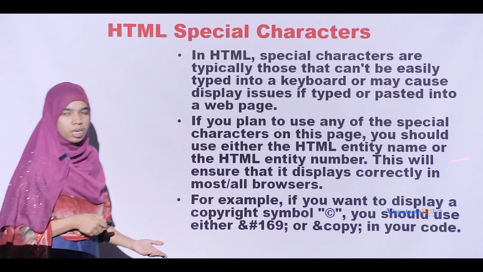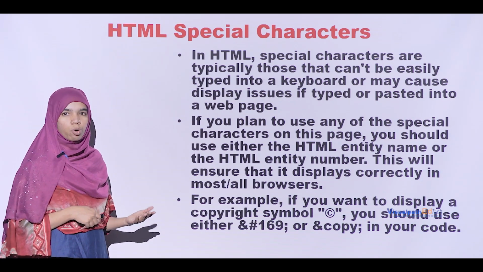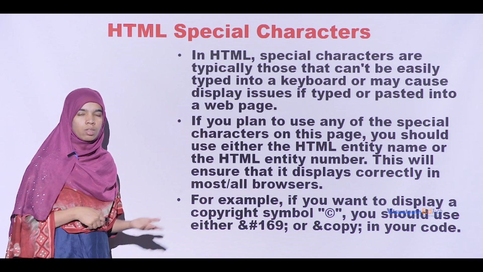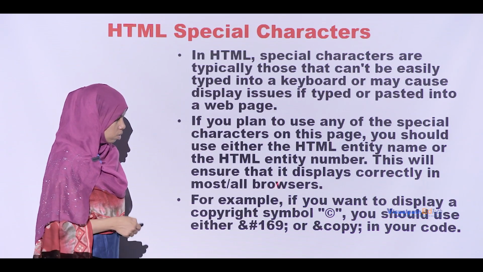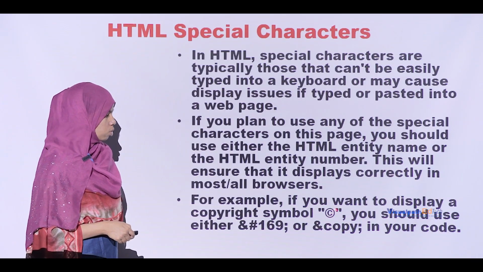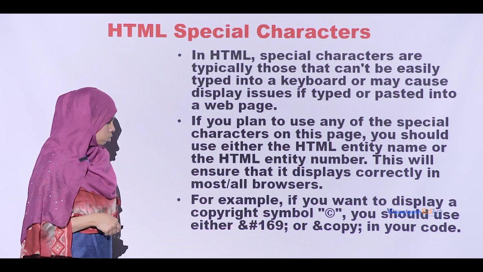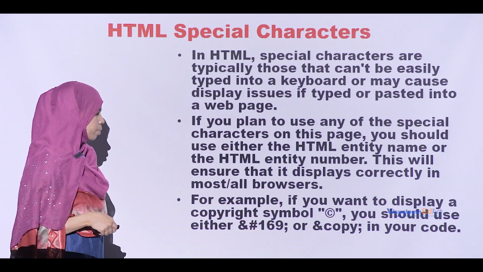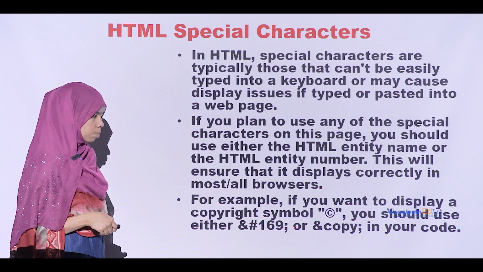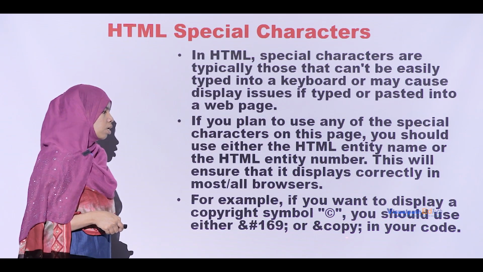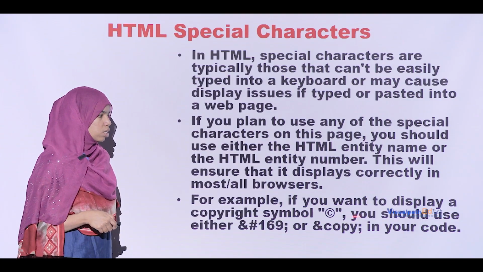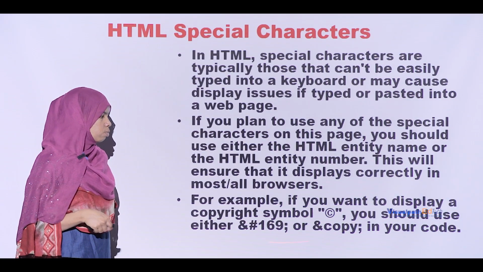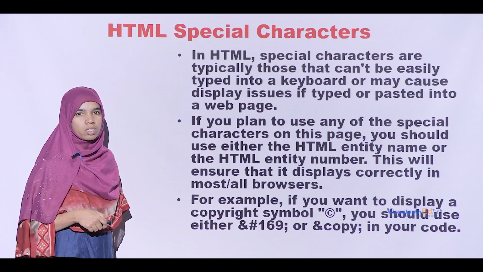But the other keys, like I have told you, double quotes, comma, dot and all, those are available. But the copyright symbol is not available. You want to include this onto your web page. For that, you have to use either this code, ampersand #169 semicolon, or ampersand copy semicolon. So these are the two ways with which you can make this symbol a copyright.